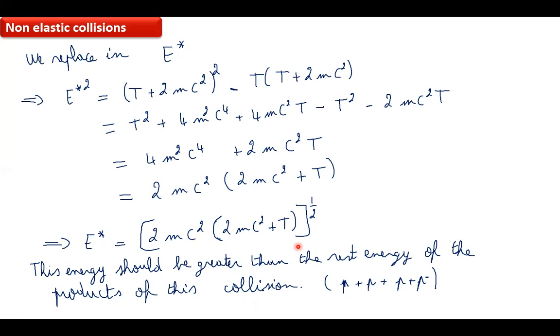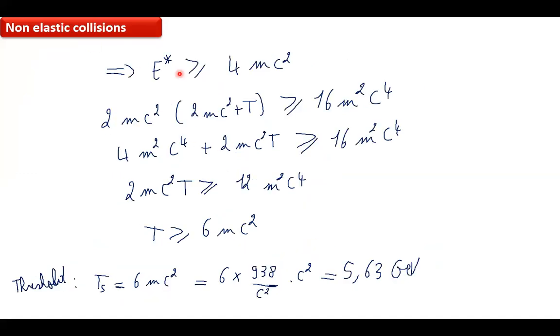So this minimal energy should be at least equal to the sum of the rest energies of these four protons. So E star should be greater than or equal to 4mc squared.